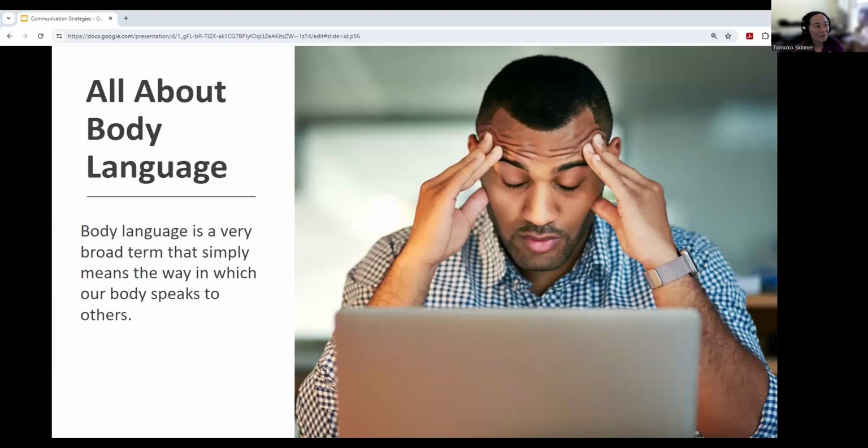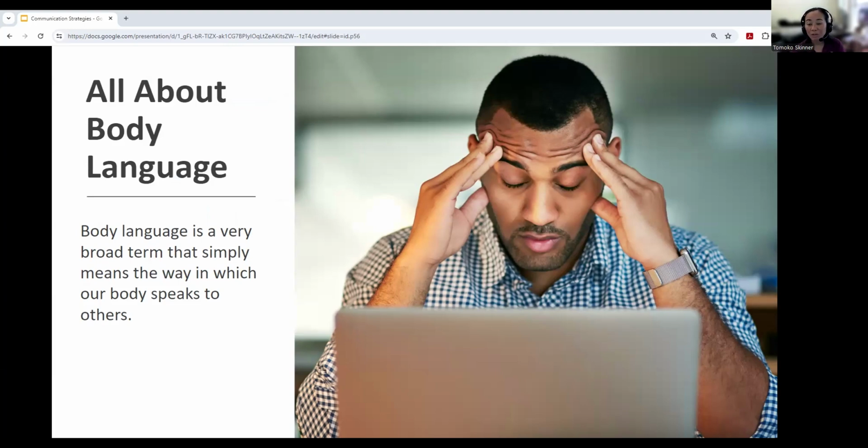Okay, all about body language. Body language is a very broad term that simply means the way in which our body speaks to others. We have included an overview of three major categories below. We will discuss a fourth category, gestures, in a moment. Okay, first, posture: the way that we are standing or sitting.